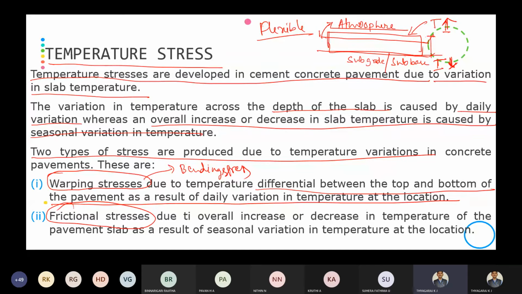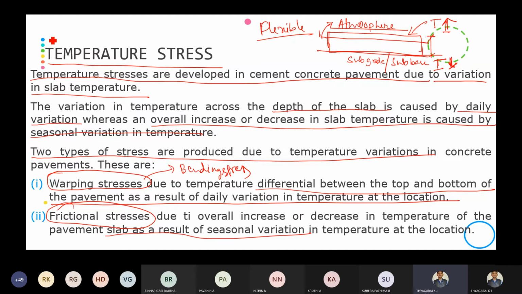Next one is frictional stresses. They are due to the overall increase or decrease in temperature of the pavement slab, which results from seasonal variation. So because of daily variation, warping stresses are going to develop. Because of seasonal variation, the frictional stresses are going to develop.